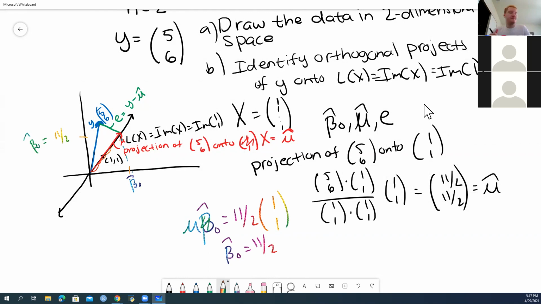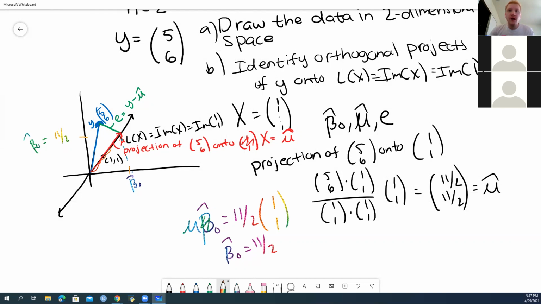It's like how far you would go up. So hopefully you can do that. Obviously the one in the homework is different, it's not the exact same numbers, but hopefully you can figure out how to do that. So that's the first one.